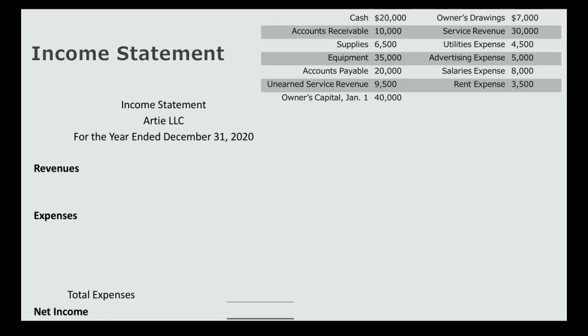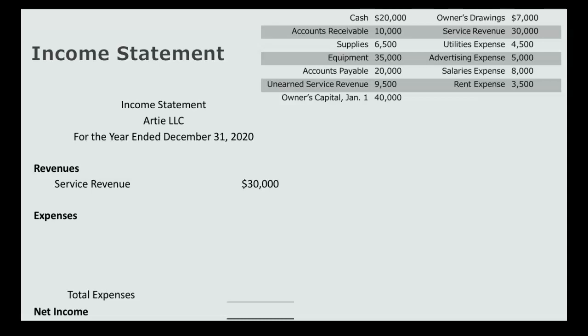Because we are liable for those future services. We have not performed the services yet. We have not done the work yet. So, unearned service revenue does not show up on an income statement. That's going to show up on a balance sheet later on. So the only revenue that we list on our income statement here is service revenue.